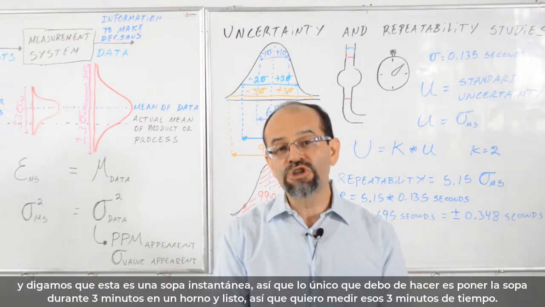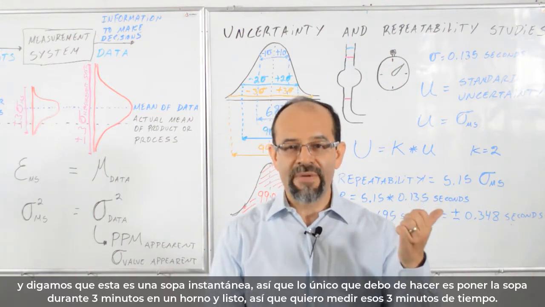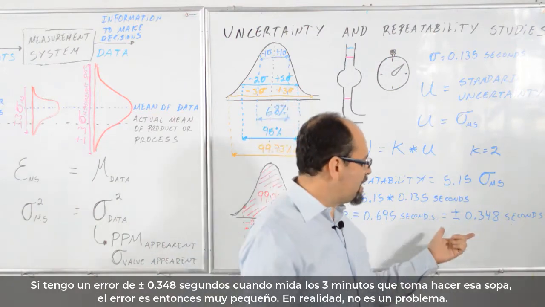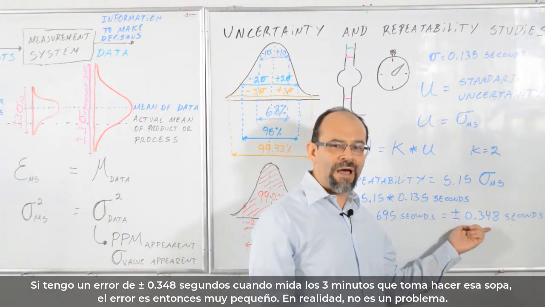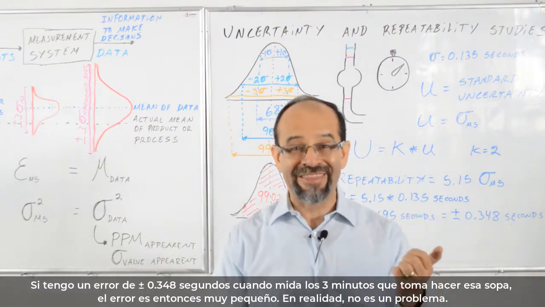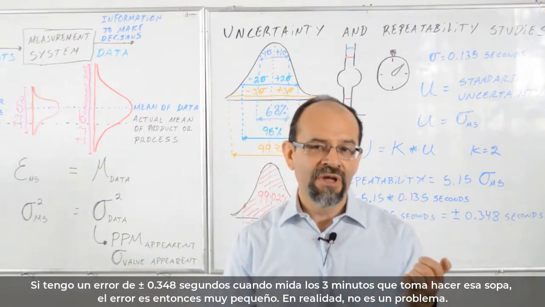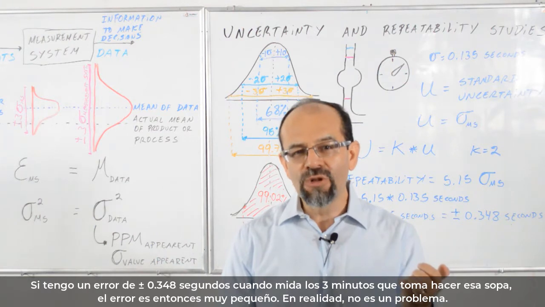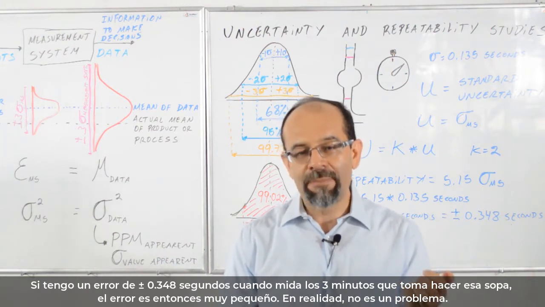And I want to measure the time of the 3 minutes. If I'm having an error of plus minus 0.34 seconds while I'm measuring 3 minutes to cook the soup, the error is very small. It is really not a problem.